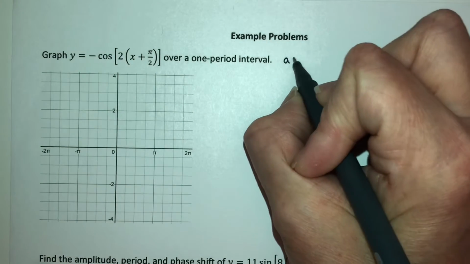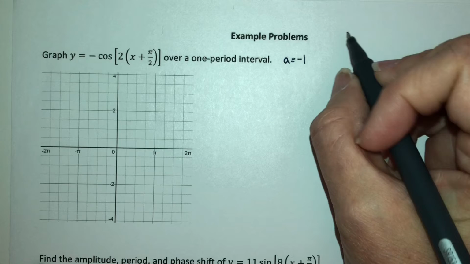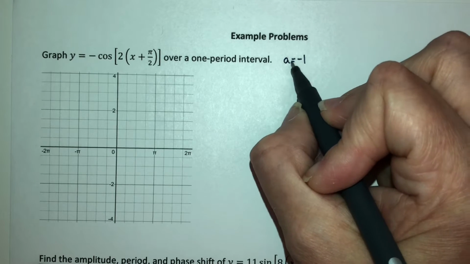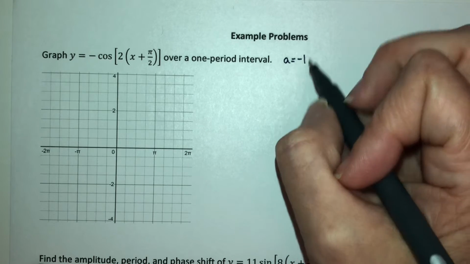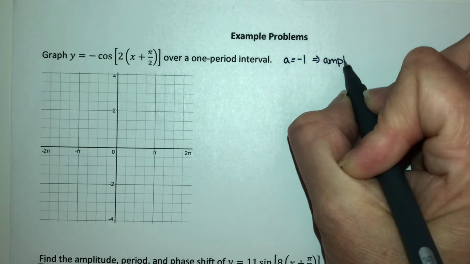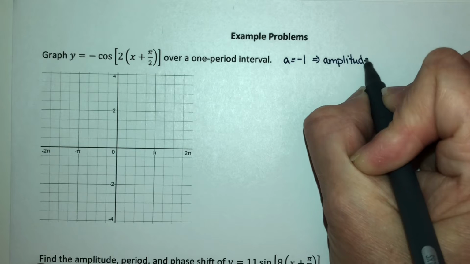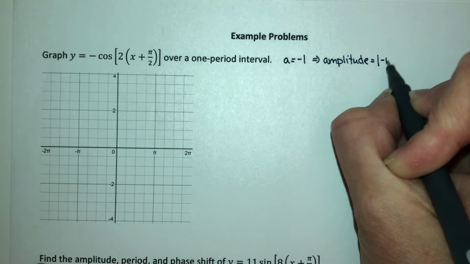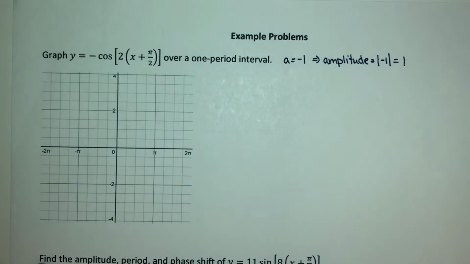My a value is negative 1. So that means I'm going to have to flip this over the x-axis, but my amplitude is equal to the absolute value of negative 1, so the amplitude is 1. So we'll still be going up to 1, down to negative 1.